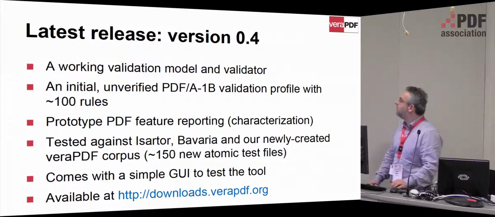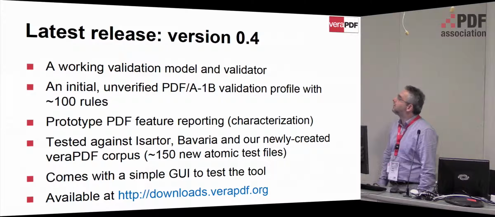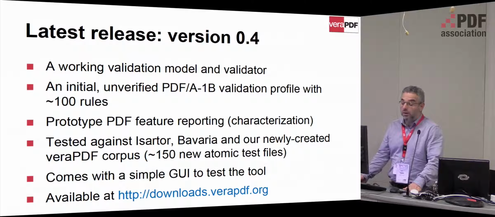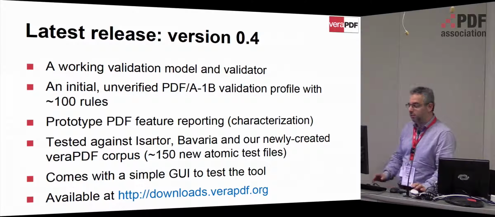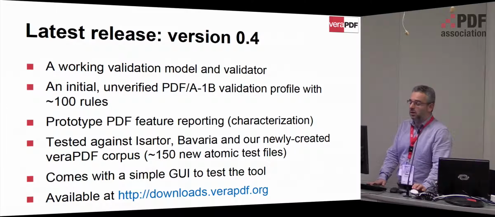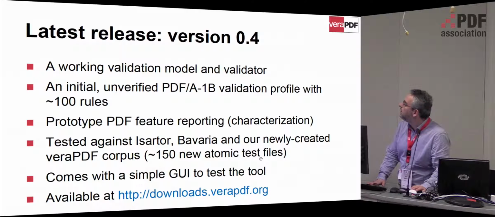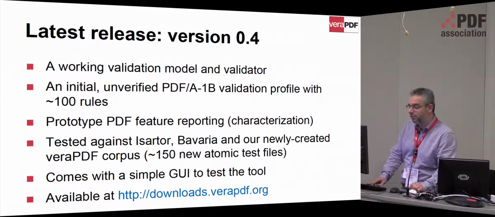The release schedule and where we are now. So we are proud to reach already the stage of version 0.4 release, which includes a working validation model and an initial unverified PDF/A-1B validation profile with about 100 rules, prototyping of PDF feature extraction, as well as the prototype for plugin system. And this all has been tested against Isartor, Bavaria and our newly created veraPDF corpus.